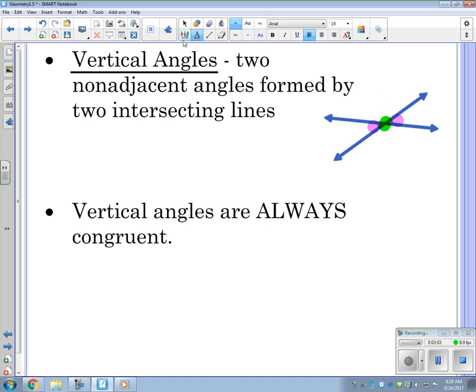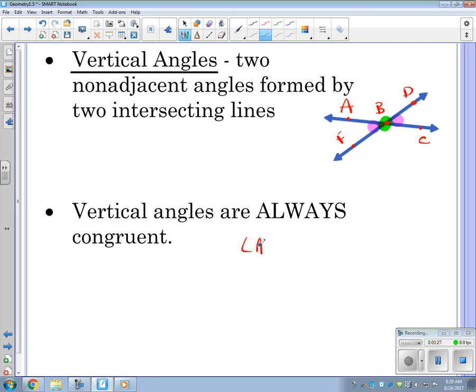So just to have some letters on here, let's say that that's A, the central point's B, over here we have C, let's say that's D, and F. Vertical angles are always congruent. You don't have to measure it, you just know for a fact if you've created two intersecting lines, the vertical ones are congruent.